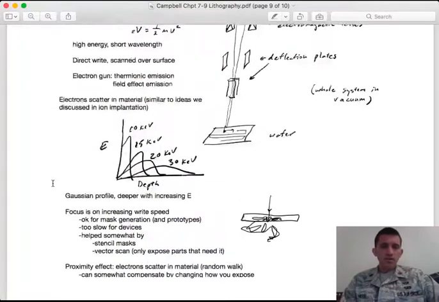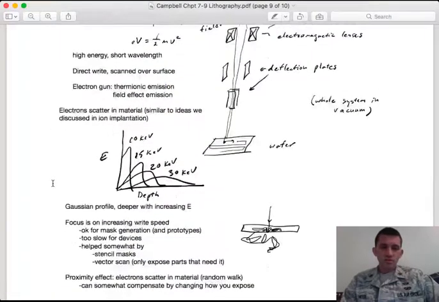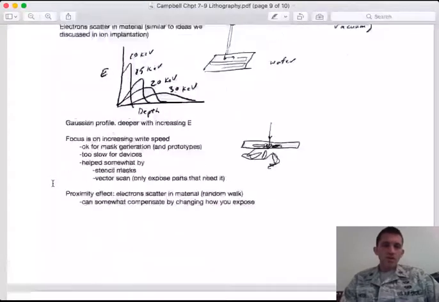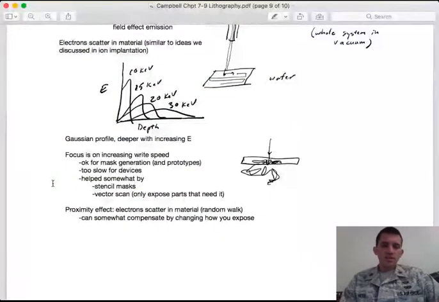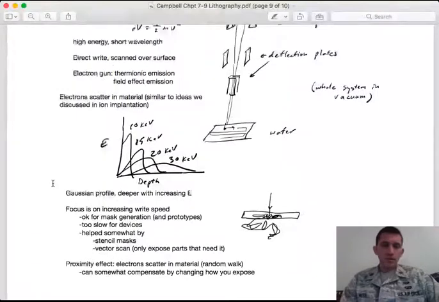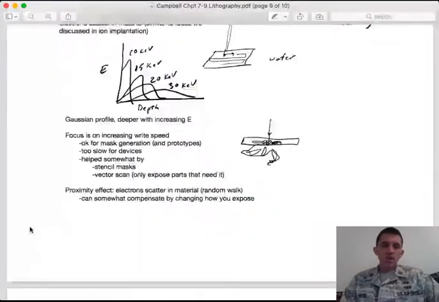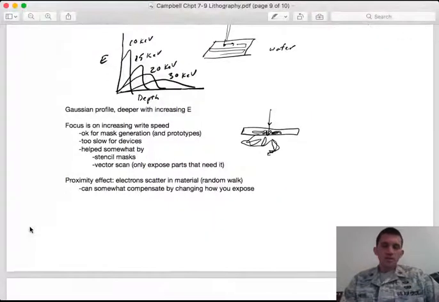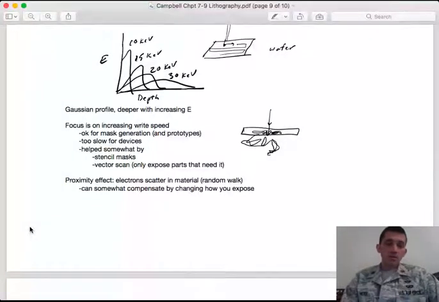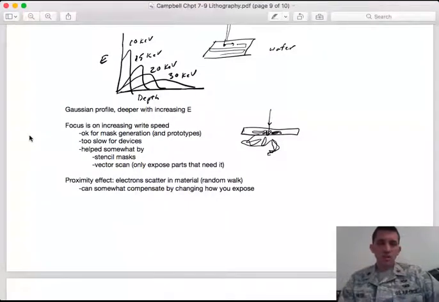So with electrons, you can get a really small wavelength, which is good. The bad part is that it is slow, right? I can only expose one spot at a time, and I have to raster my beam around. That's okay for applications where I'm only making one anyway. If I want to make a mask, for example, that I'll then use in an optical system, e-beam's okay, because I only need to make that one mask, and I can use it thousands of times.